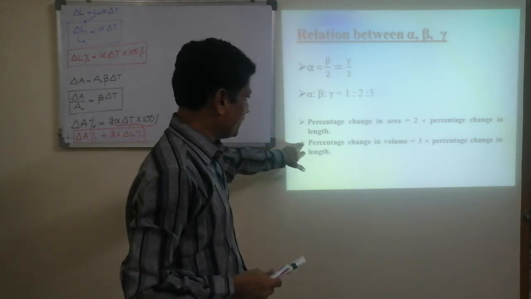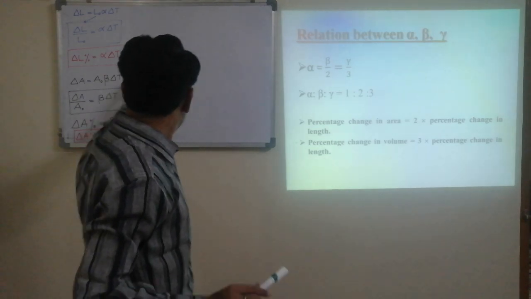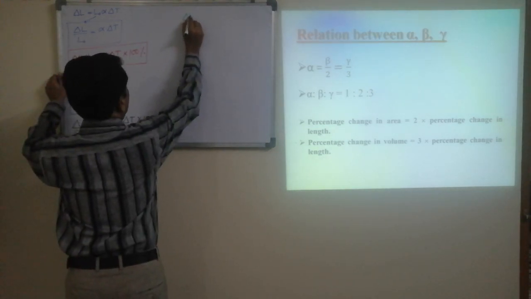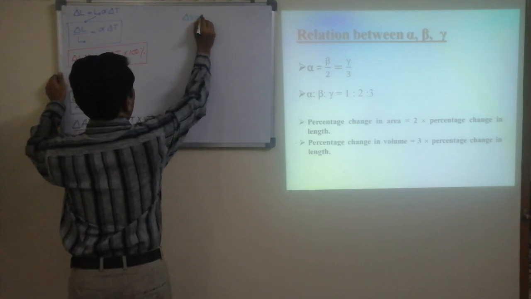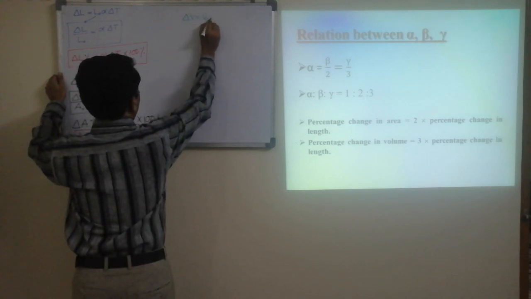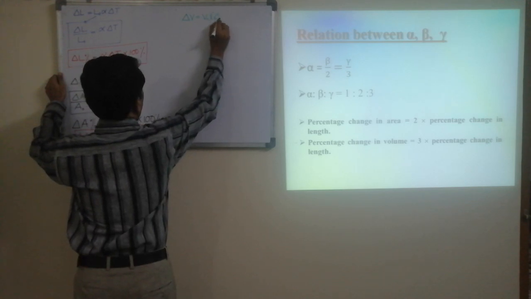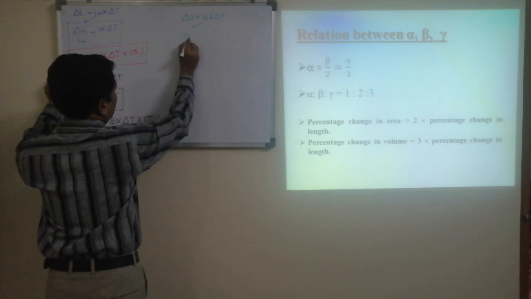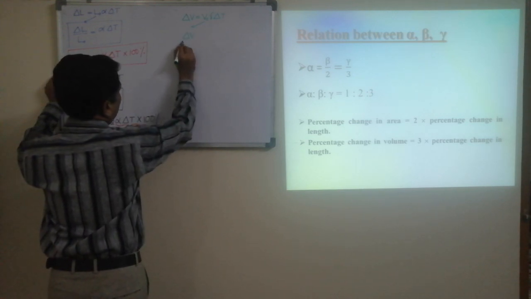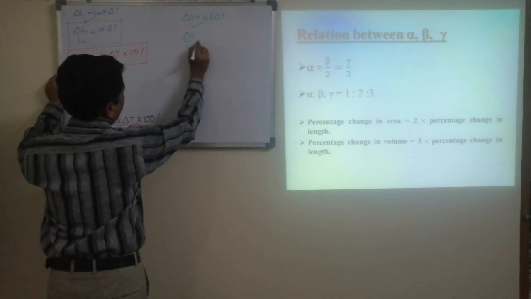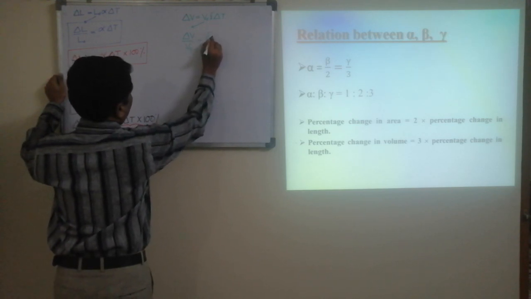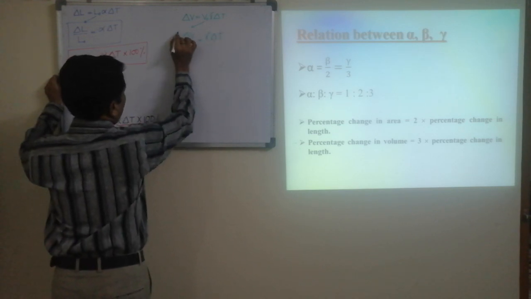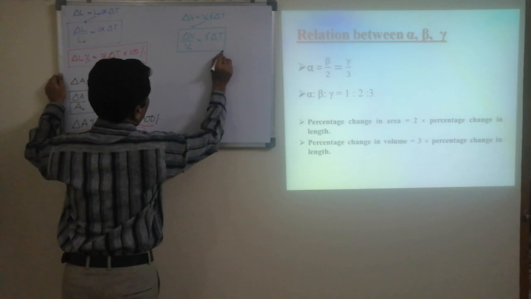Similarly, next we go for volume. I think based on this you can now analyze. Delta V is equal to V naught gamma into delta T. If I bring V naught this side, then delta V by V naught is equal to gamma into delta T. It is called fractional change in volume.